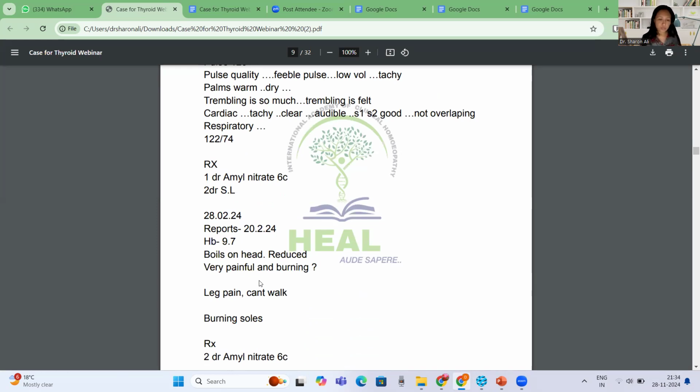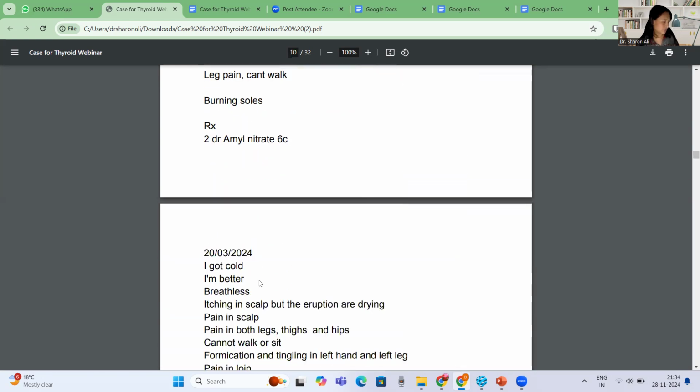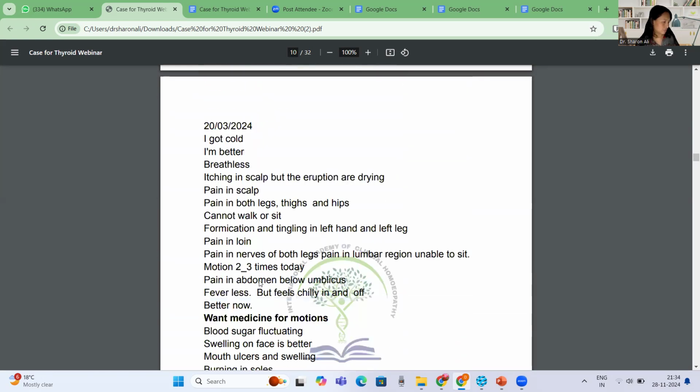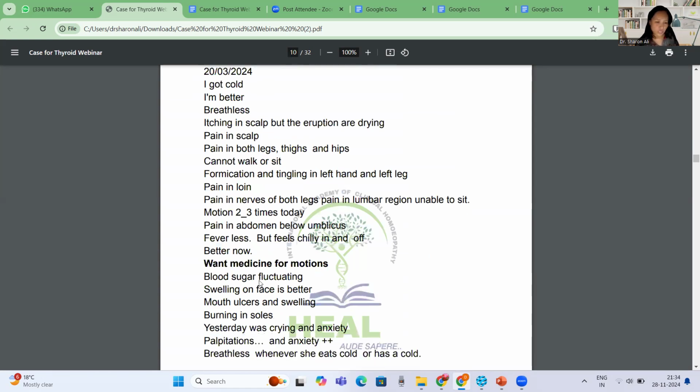Okay, but then her boils improved, her trembling improved, her palpitations improved, everything improved, but the other complaints stayed the same. Okay. She still had her neurological complaints, and we treated her for that later. Okay. But everything else that was associated with thyroid improved with amyl nitrate.